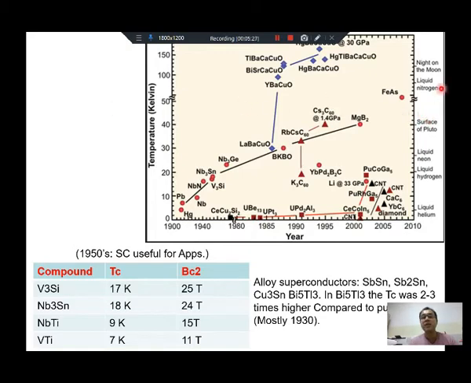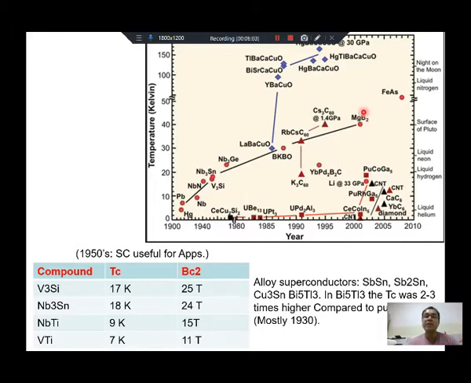Across on this side you will see the temperature scales: liquid helium temperature, liquid nitrogen temperature, liquid neon temperature, surface of Pluto, night on the moon, which are typical temperatures available on the moon surface at night. There are different materials which have been found periodically over a period of time, and the critical temperature for them has continuously risen.